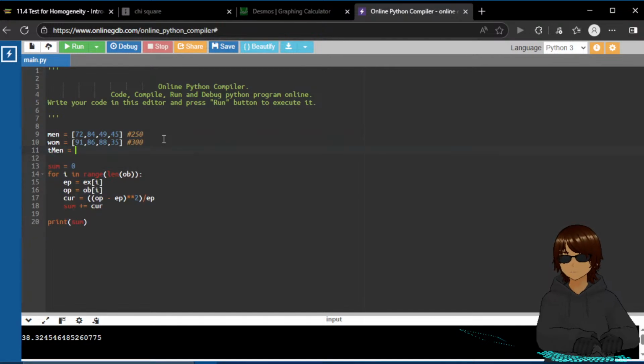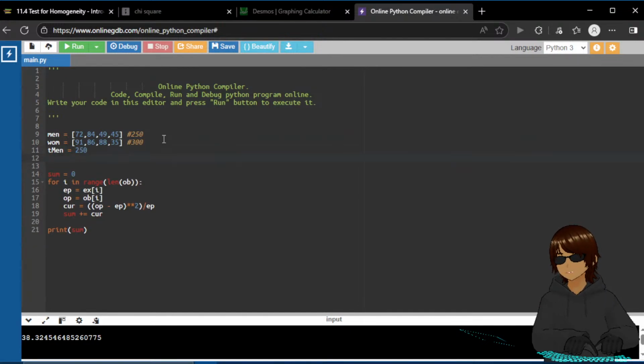Total men 250, total women 300, for range length men.